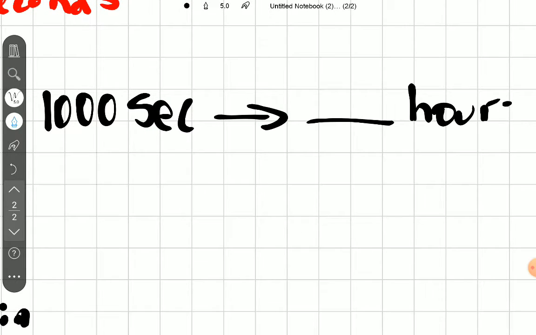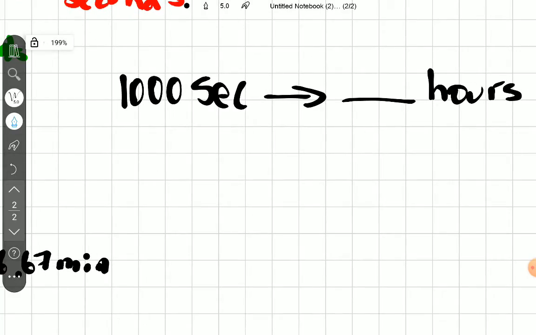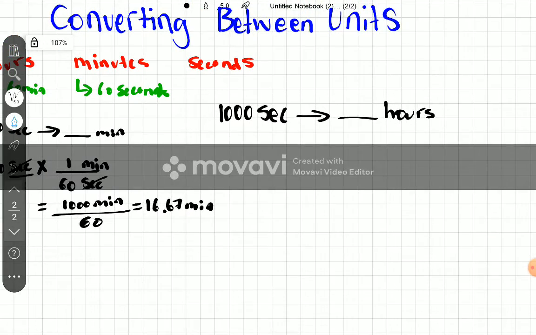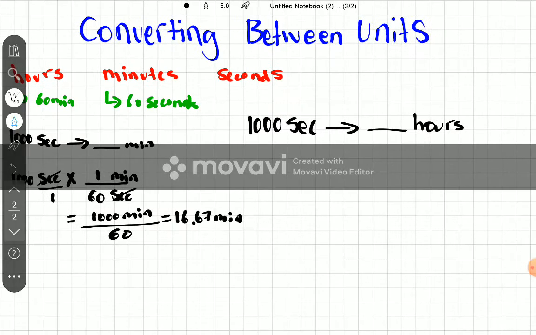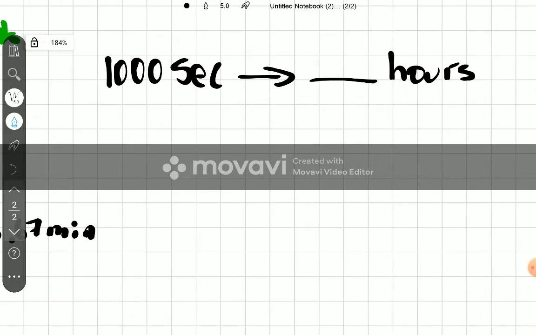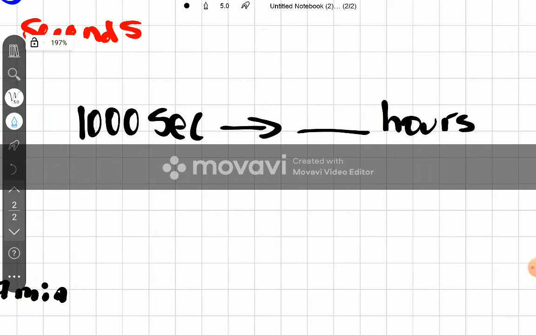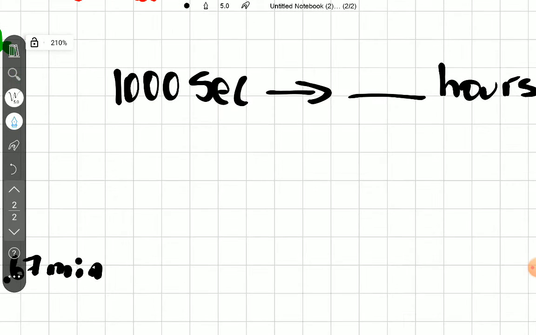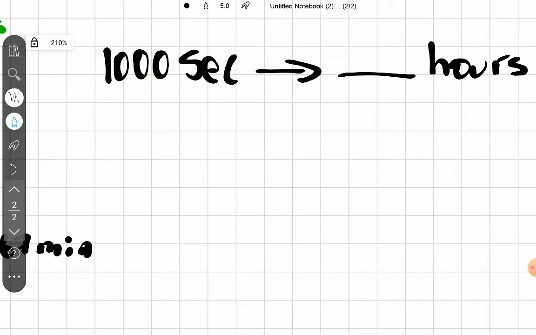How would we do this? Okay, and obviously here between seconds and hours there's a whole other unit, so we will see how to solve that. So I'm going to start with 1,000 seconds.